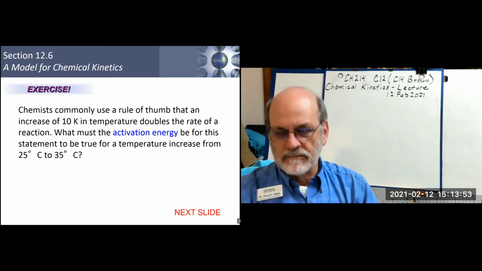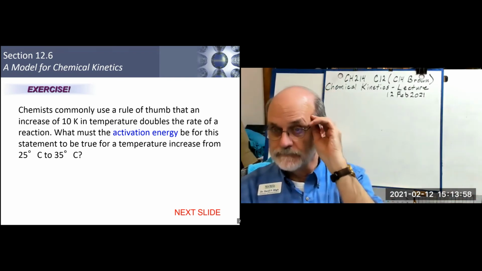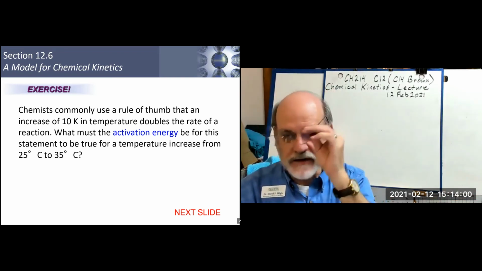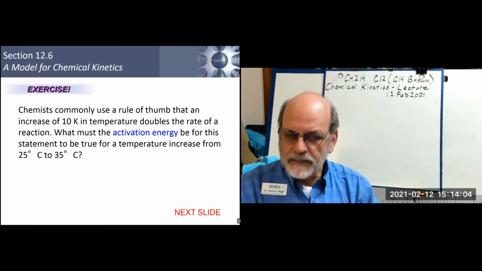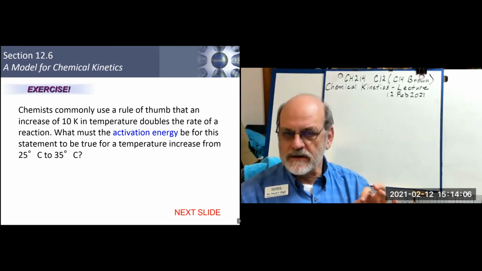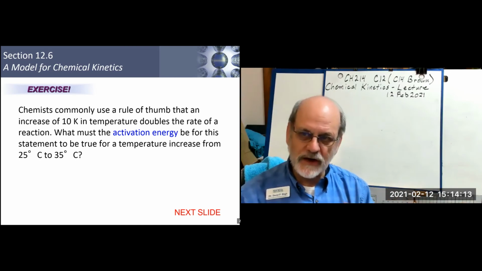Okay, I've heard this one from middle school because I was interested in sciences back then anyway. But I've heard this rule of thumb that for every 10 degrees, actually the first time I heard it was 10 degrees centigrade in those days. Now it's 10 degrees Celsius.